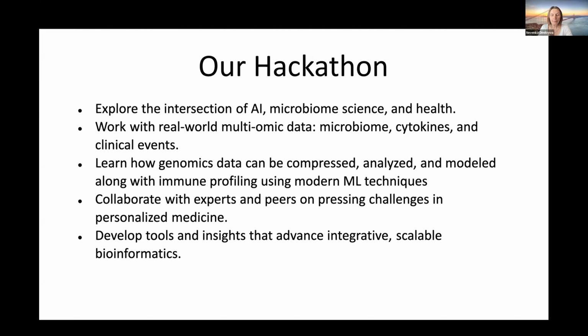And I believe that you all are geniuses at machine learning, and also you'll step up to this amazing challenge of learning more about biology, especially related to microbiome and health. And then we collaborate with experts across the world.